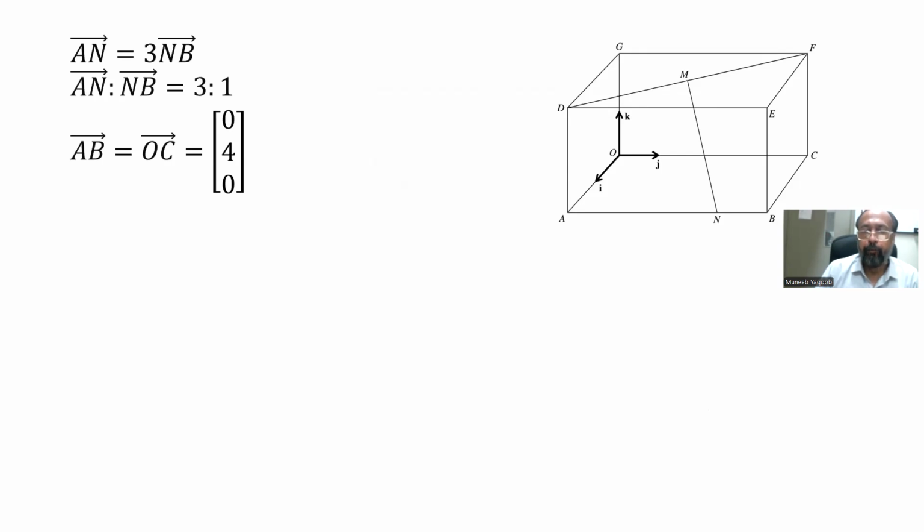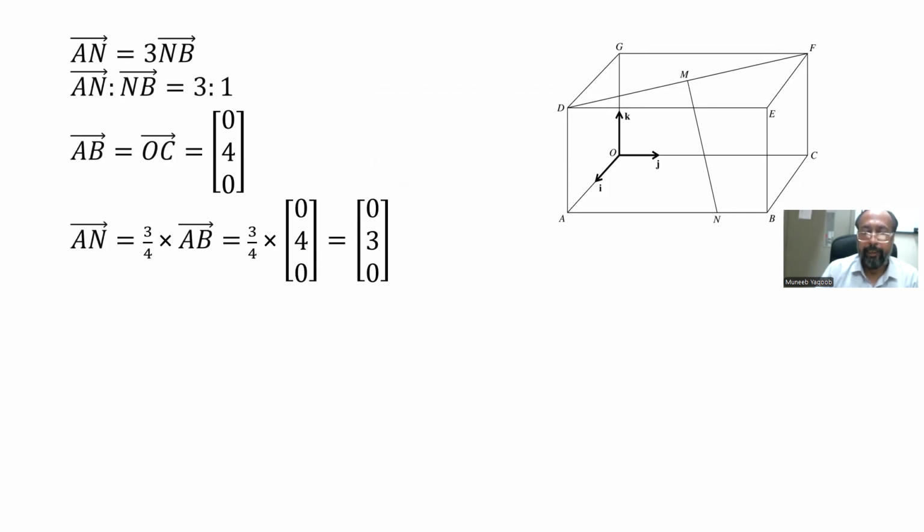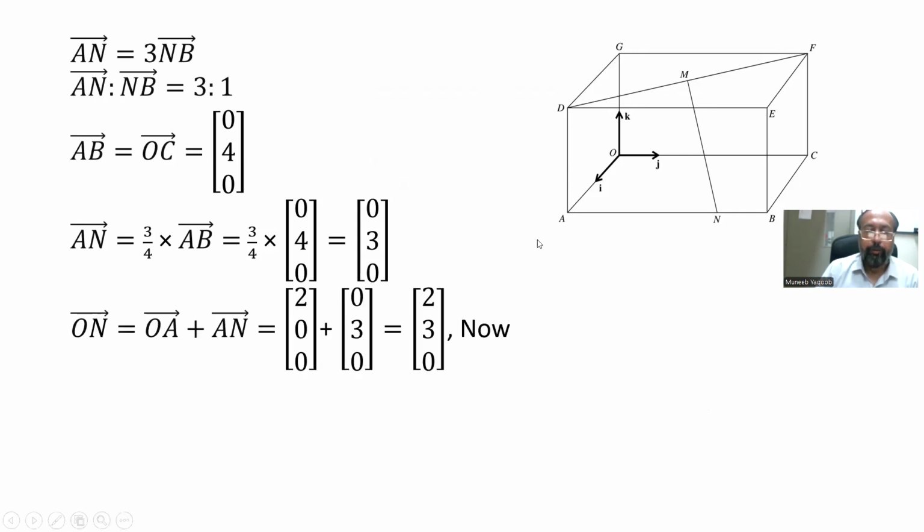It is equal to position vector OC, and hence it is 0, 4, 0. Now, position vector AN can be written as 3 upon 4 times position vector AB. So it is 3 upon 4 times 0, 4, 0, and hence it is 0, 3, 0. Now for position vector ON, we can apply the triangle law. ON equals OA plus AN.